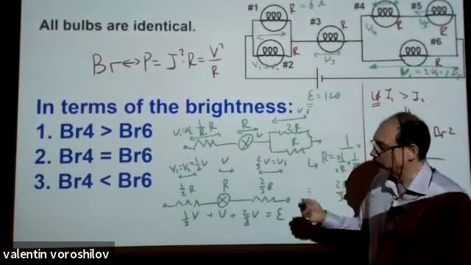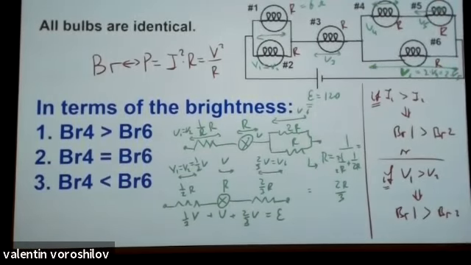V6. But what we can see now is, well, V1 is equal to V2, we said that. But it's less than V, or we could say V3, less than V3. What about V6?